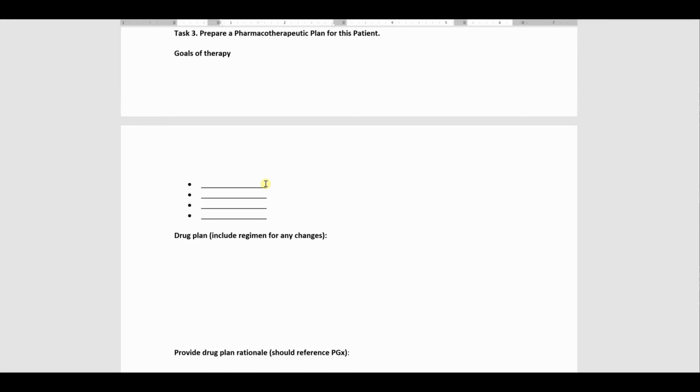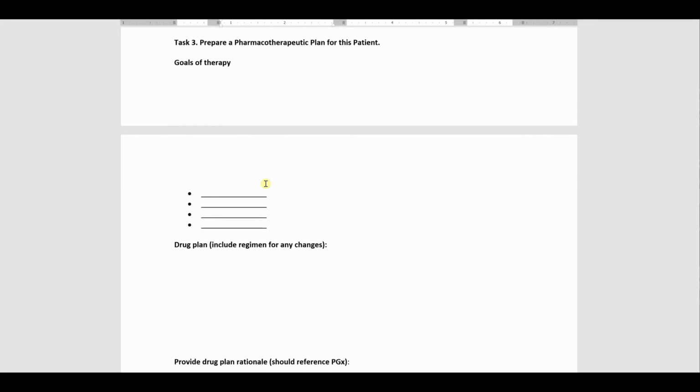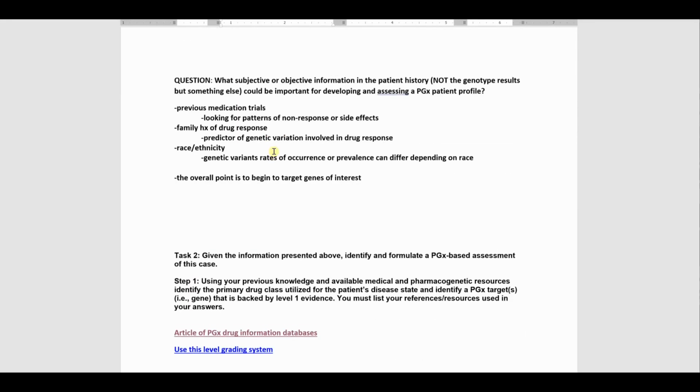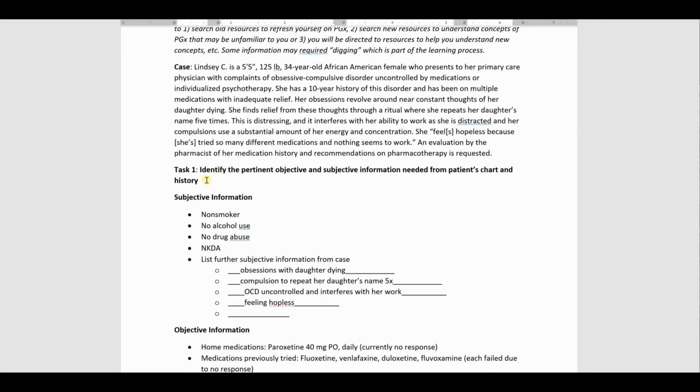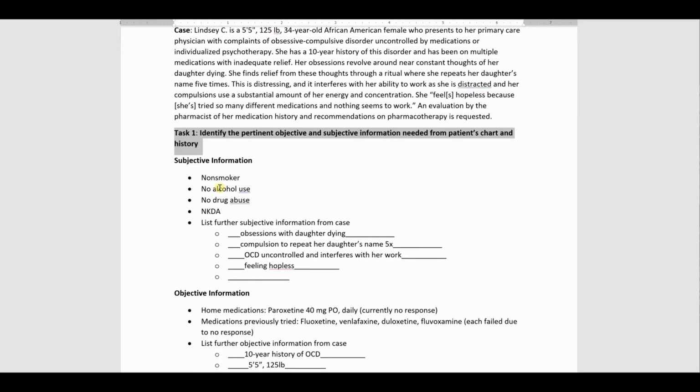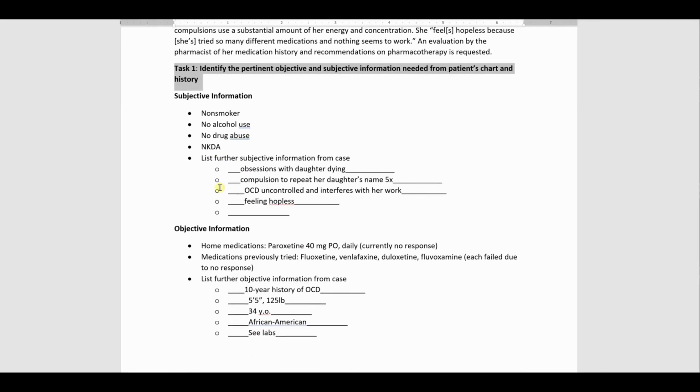Okay, and then task 3 as a pharmacist. So I guess I didn't explain in the beginning. These are really tasks that you should go through when you're doing any sort of recommendation for a patient, but specifically for a pharmacogenetic recommendation. So let's look at those tasks again, since I didn't do a very good job explaining this in the beginning. First, you need to basically go over the data you have for the patient, so the objective and subjective information. So it's kind of like a SOAP note.